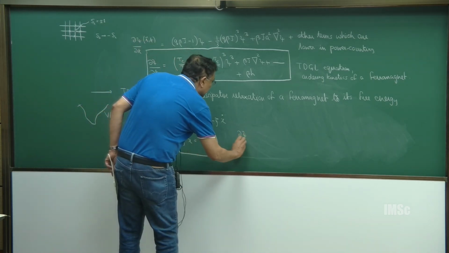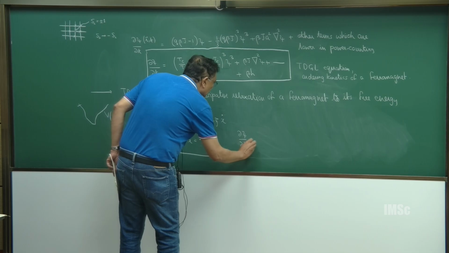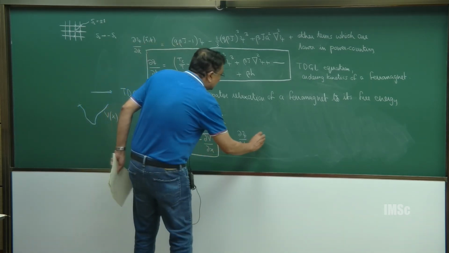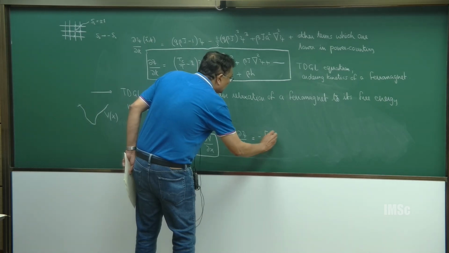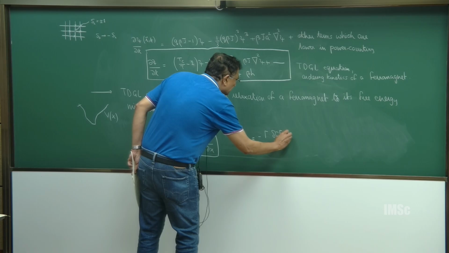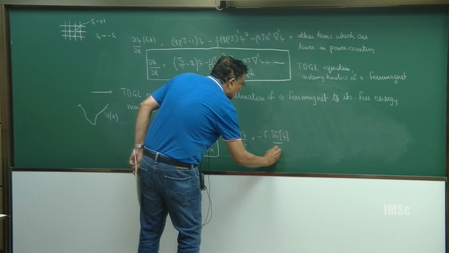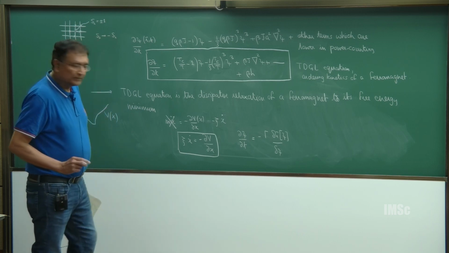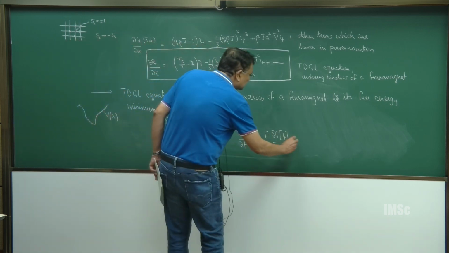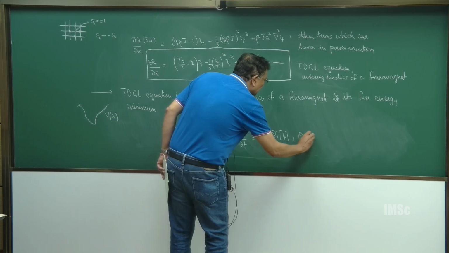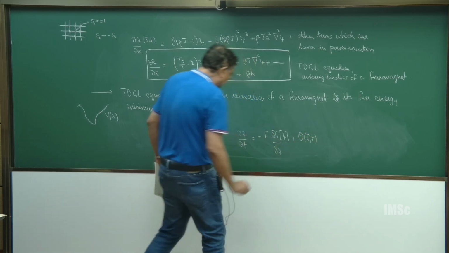This is del psi by del t is equal to minus gamma del G[psi] divided by del psi, where psi is a field, plus a noise term, theta(r,t).